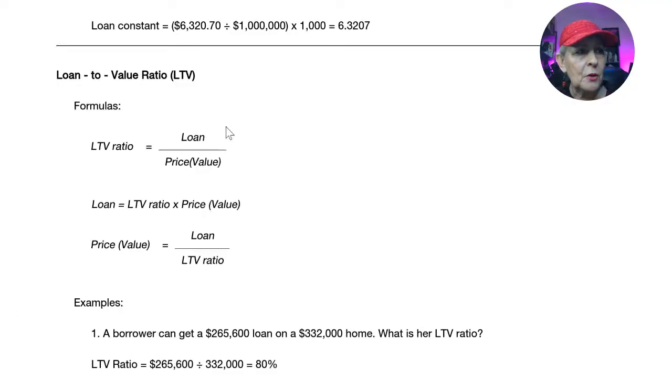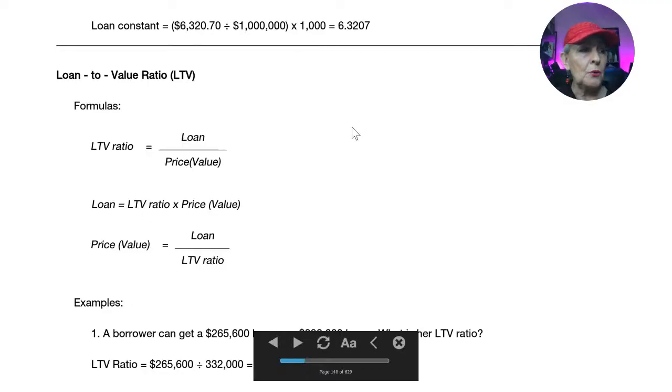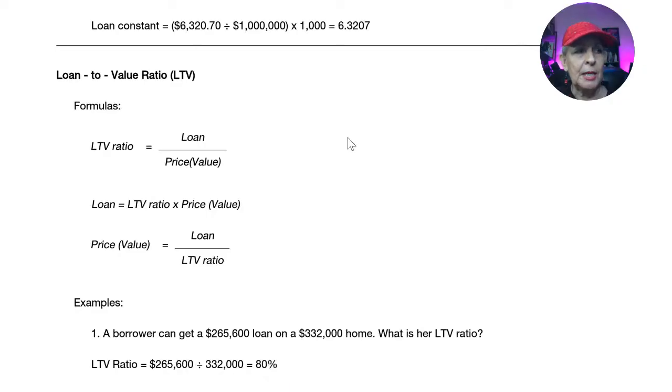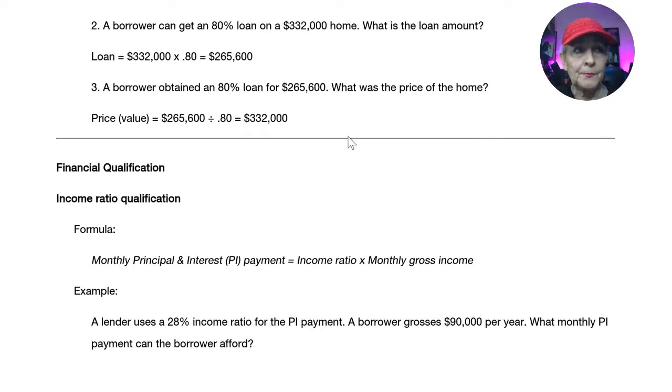We have the loan amount, $265,600 divided by $332,000. So we get a loan ratio of 80%. So that borrower is getting an 80% loan. They're putting 20% down because everything comes from 100. So 80% subtracted from 100 gives us 20% down.